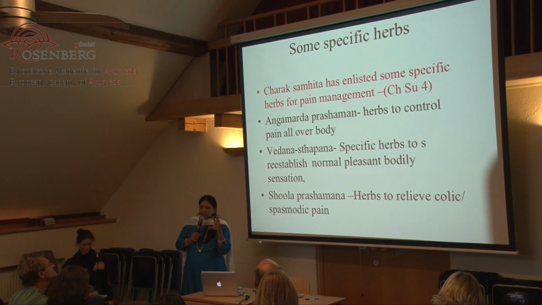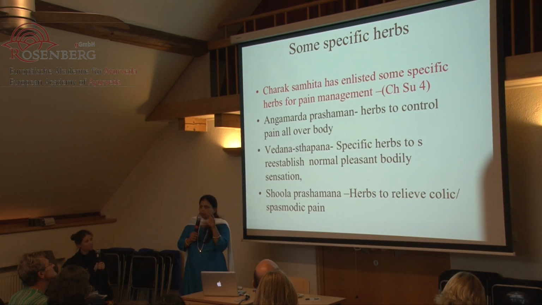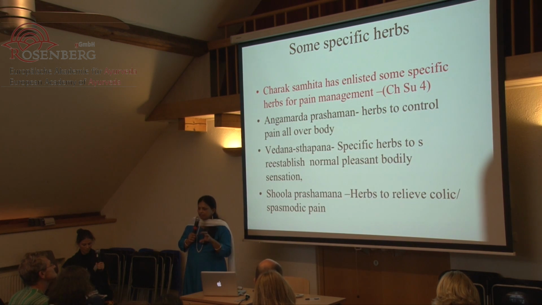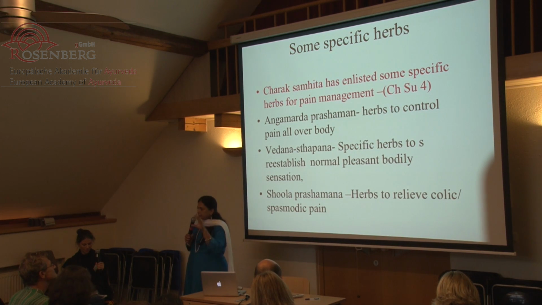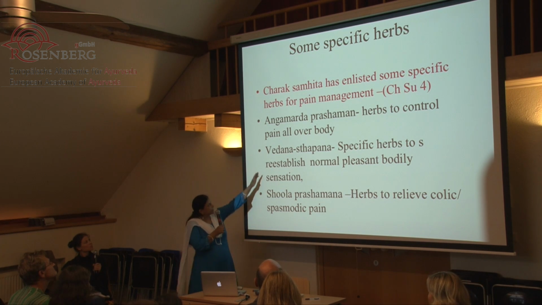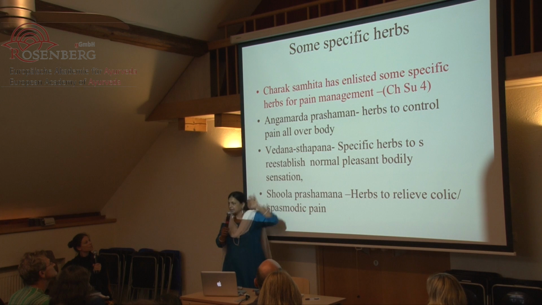Charak Samhita mentions 50 groups of 10 herbs each, for specific conditions. So which are those 3 groups? One I mentioned is Vedana Sthapana.